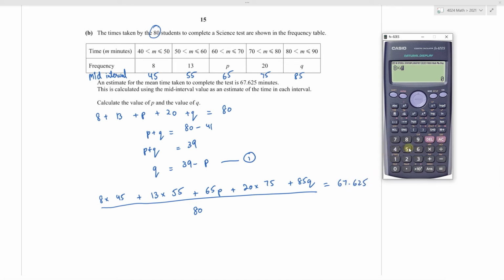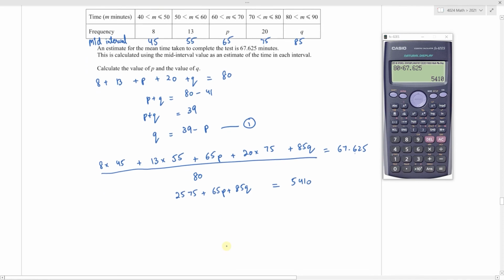So let's calculate this. 8 times 45 plus 13 times 55 plus 20 times 75 is 2575. So 2575 plus 65P plus 85Q. I will multiply this 80 on the other side. 80 multiplied by 67.625 is 5410.